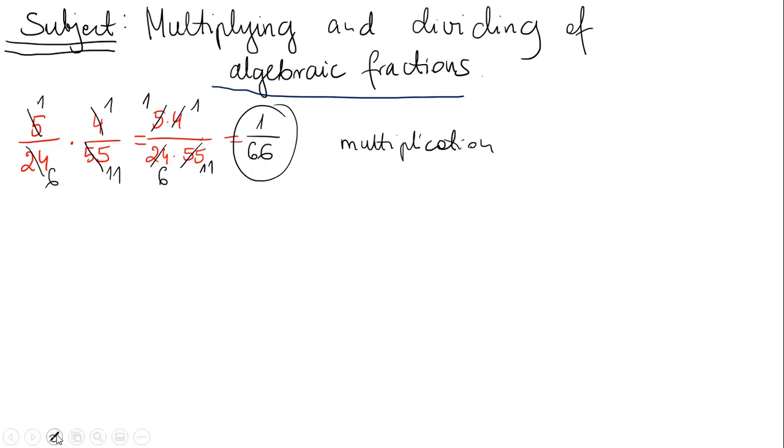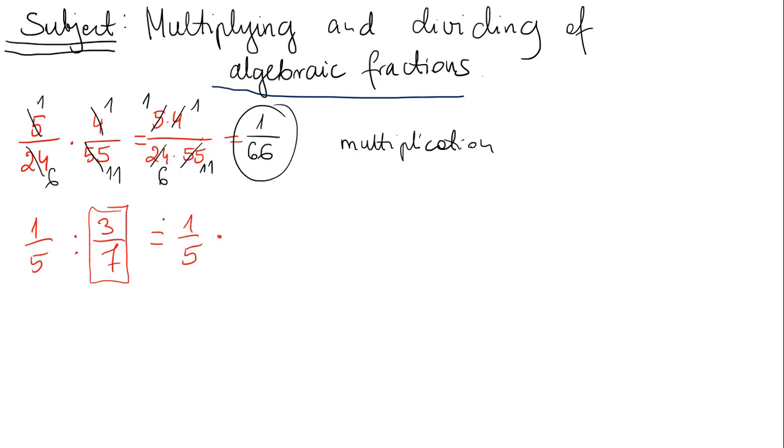And what about division? So when we want to divide fractions, okay, let's take 1/5 divided by, let's say, 3/7. So what do we have to do? We have to change the division into the multiplication, right? But we have to swap the second fraction.